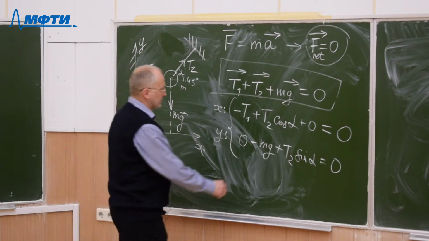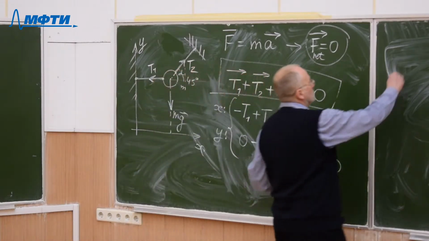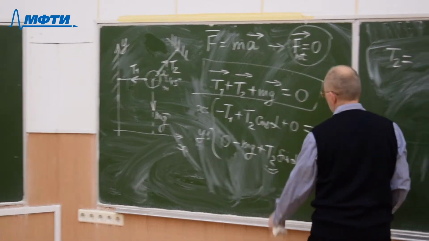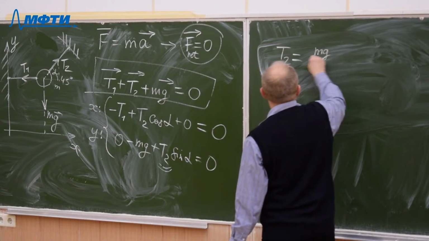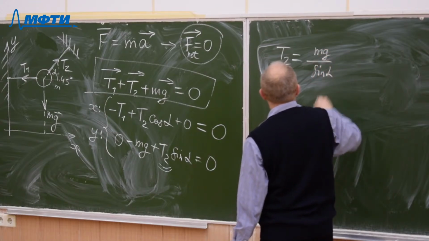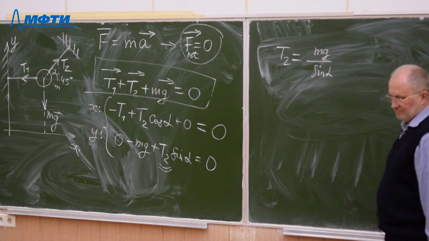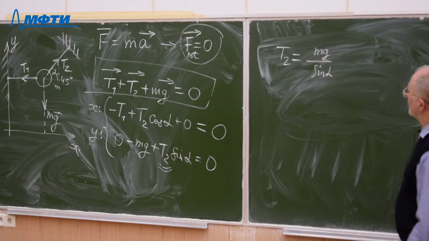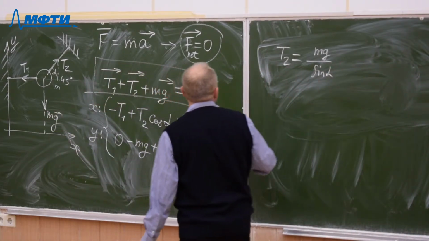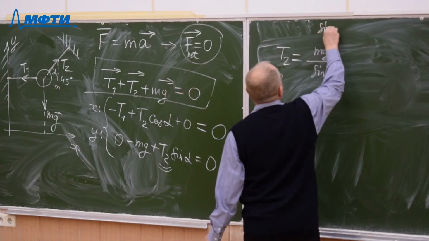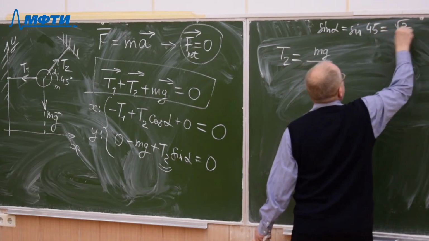Now, from the second equation, we can immediately obtain the value of T2. It will be mg over sine alpha. And if alpha is 45 degrees, then the sine of 45 degrees is square root of 2 over 2.